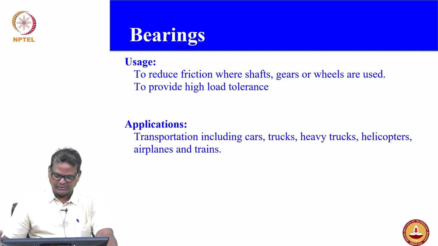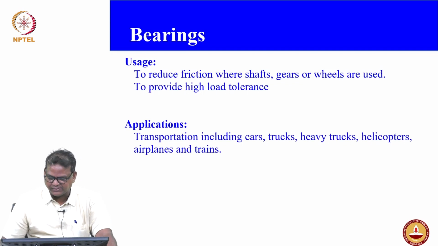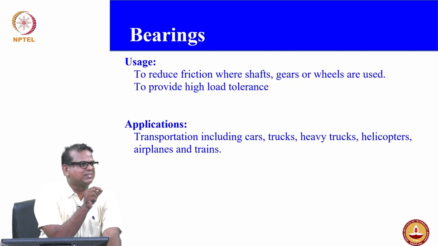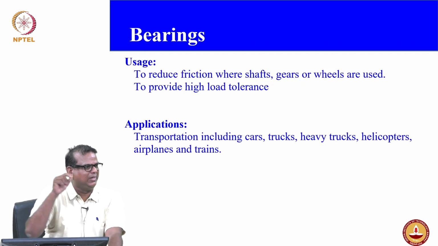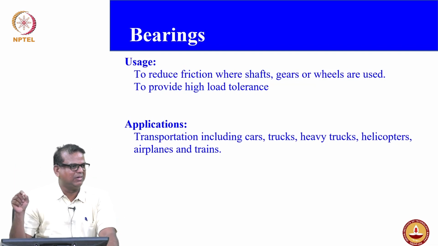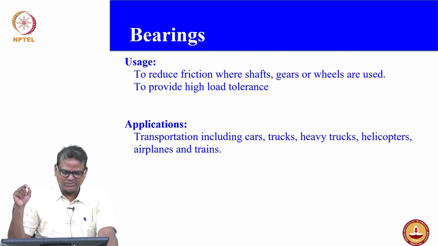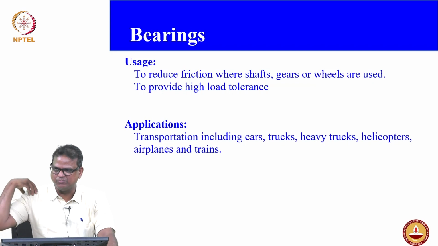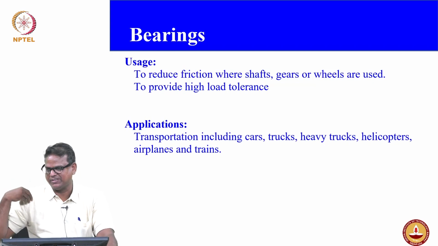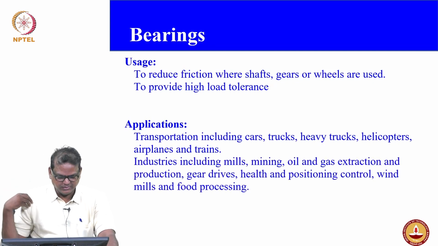We have so many applications, starting from cars, trucks, heavy trucks, helicopters, aeroplanes, trains and so on. What I want to say is, starting from your bicycle to aircraft, you need bearings. So the purpose is to make your power transmission smoother with lesser friction.